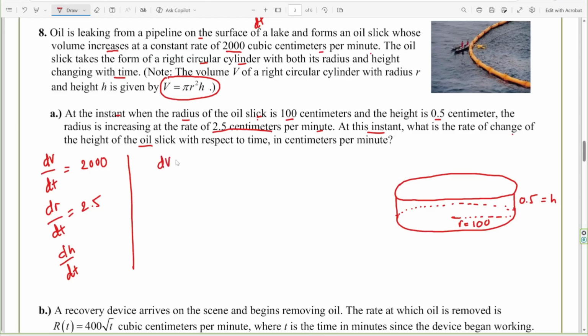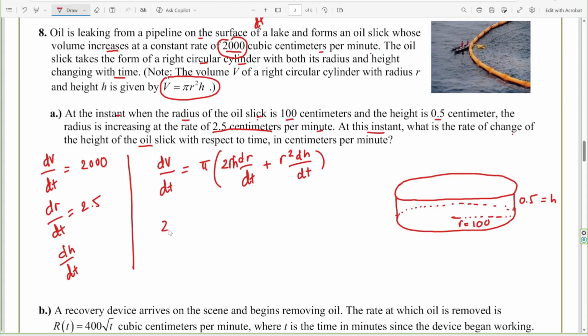So we have dV over dt equals pi. Now we need to use the product rule. So we have 2r times h times dr over dt plus r squared dh over dt. Now we just substitute the values. dV over dt is given right here.